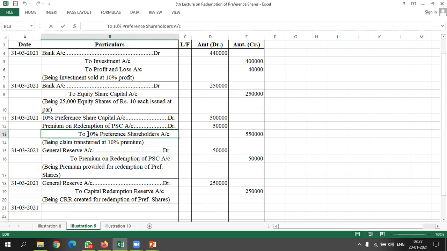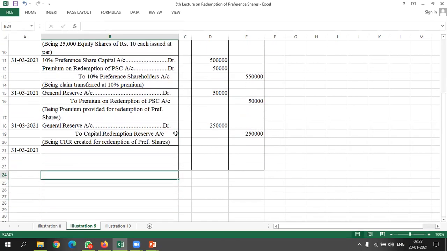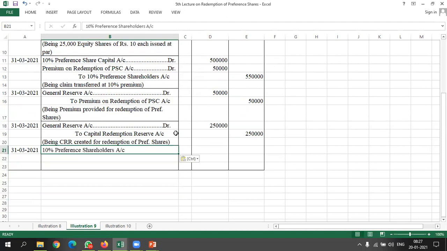The last one is कौन सा होता है? Claim settlement. So for claim settlement, we have an entry like holders account debited to bank account.